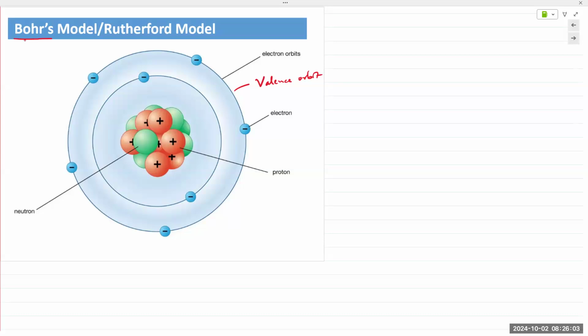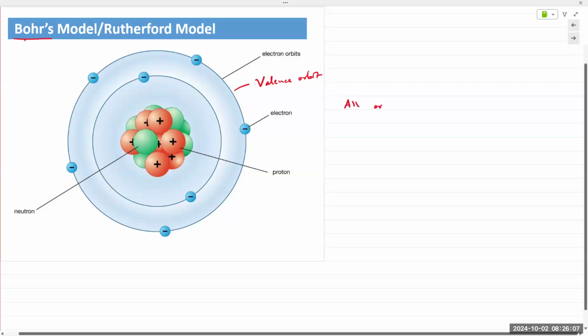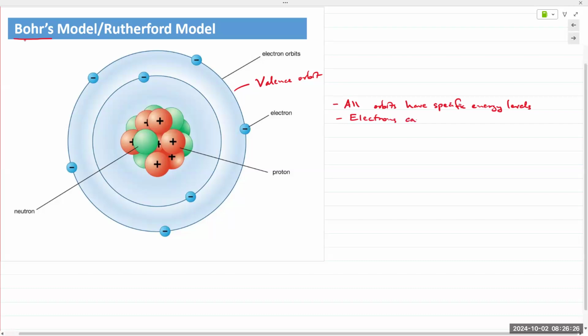Again, semiconductor physics. All orbits have specific energy levels, and electrons can move and jump orbits.